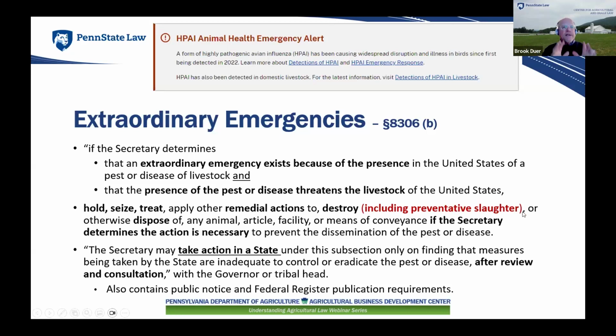This is the first place, and I just marked that in red, where the idea is introduced, as I sort of referenced, of depopulating or euthanizing animals that have simply been exposed, but there's not any scientific basis at this moment in time to say they have the disease.